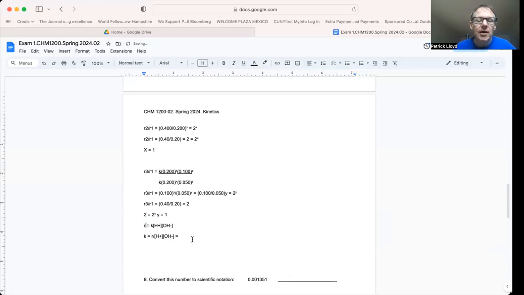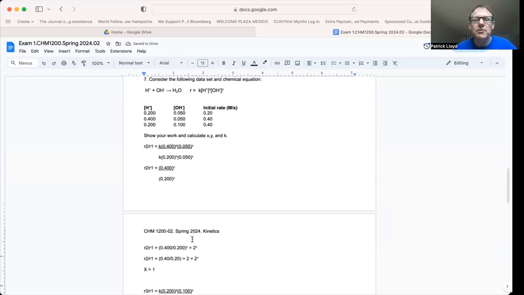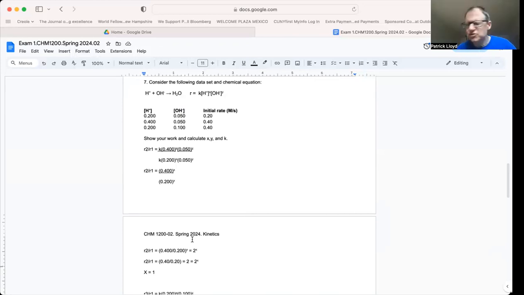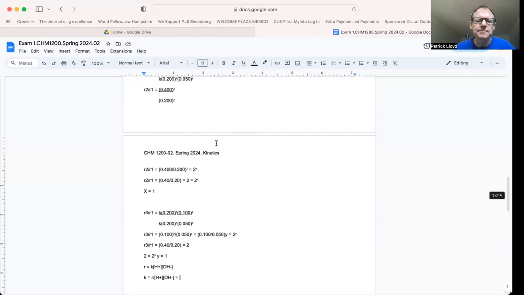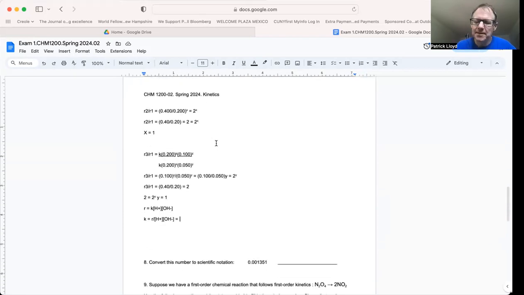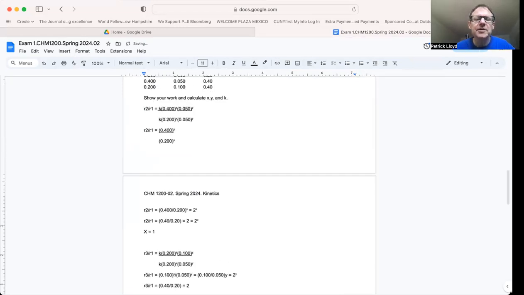Okay. All right. So now all you got to do is just pick one of the experiments. You could do all 3 or you could just do one. I'm just going to do one. So I'm going to take R 0.20. Okay. So 0.20 molarity per second, right? That's the units of the rate. And yes, this is often referred to as the method of initial rates, if you're wondering that. Okay, then we're going to divide that by the concentrations.